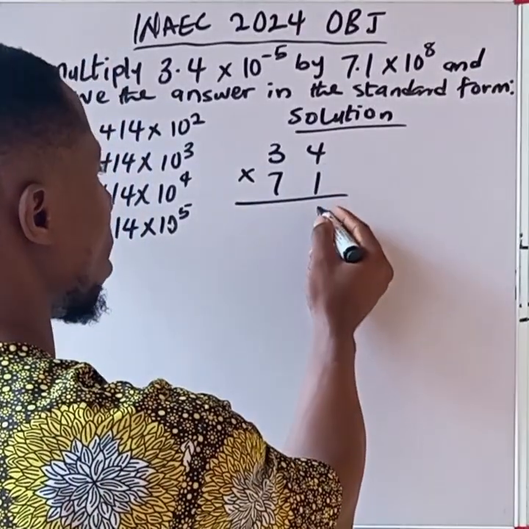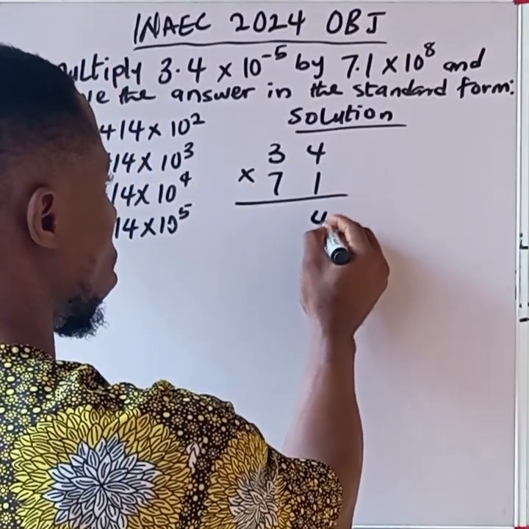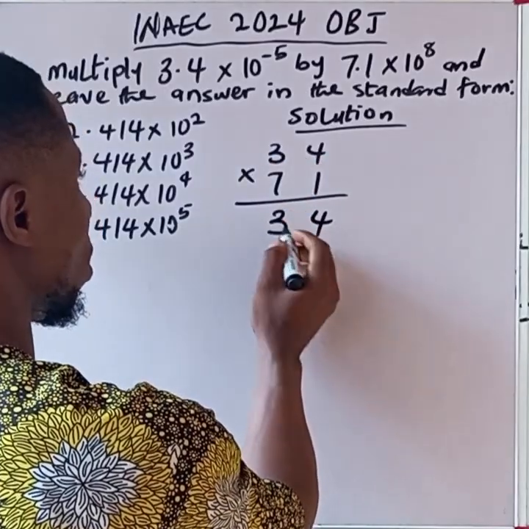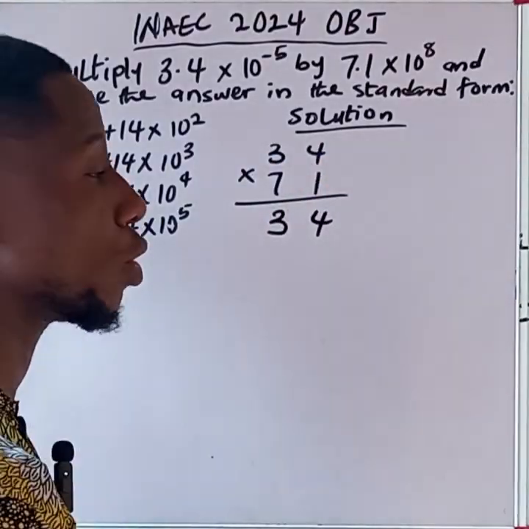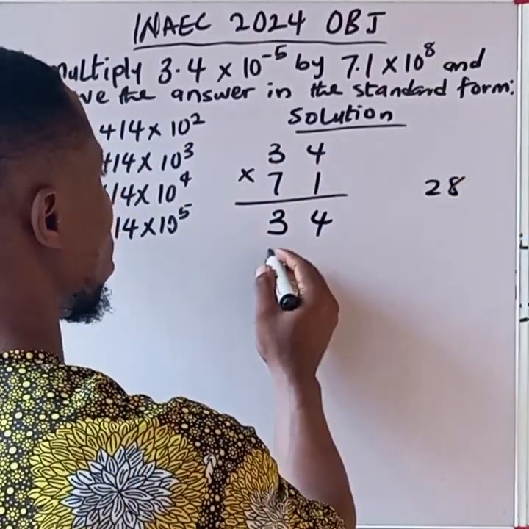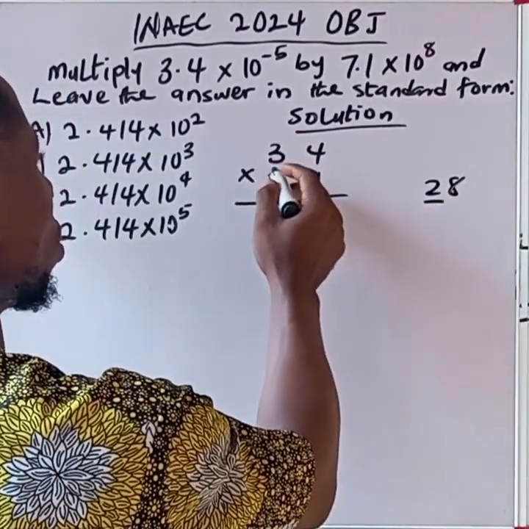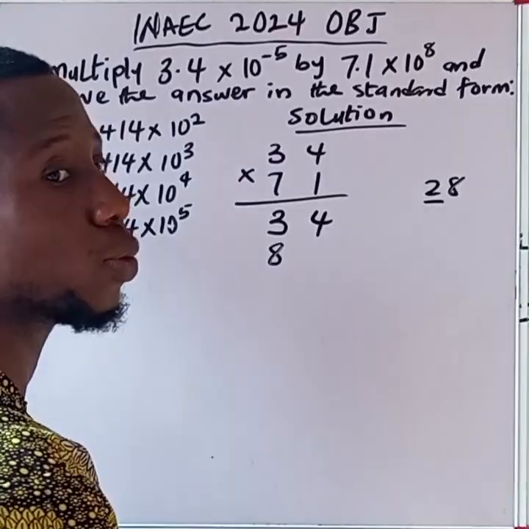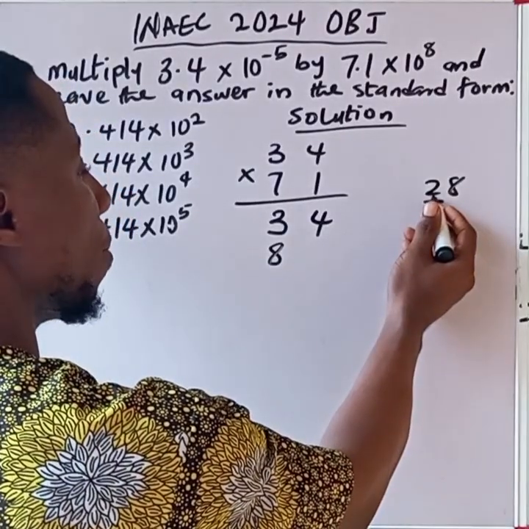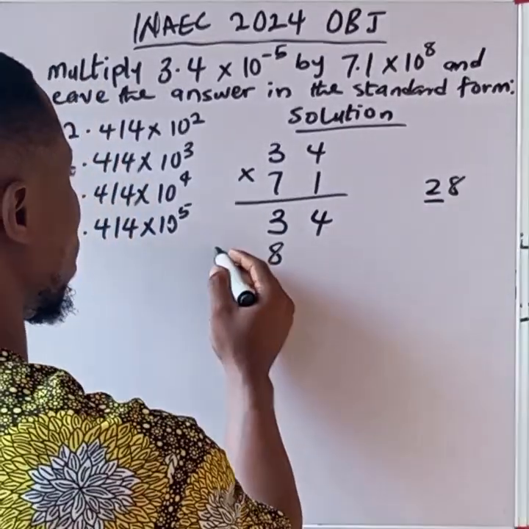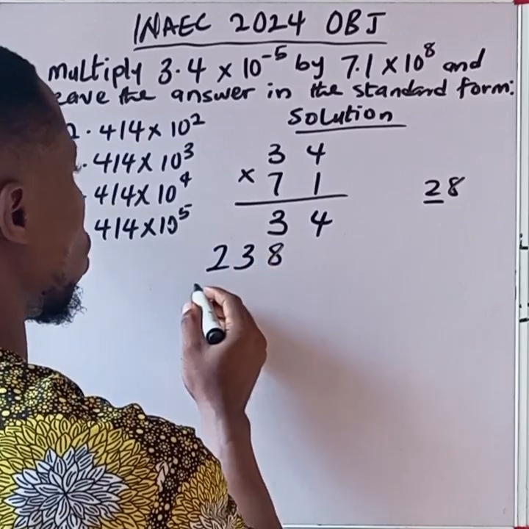So 4 times 1 is 4. 1 times 3 is 3. 7 times 4 is 28. We put down 8 here and carry 2. So 7 times 3 is 21. 21 plus 2 is 23.